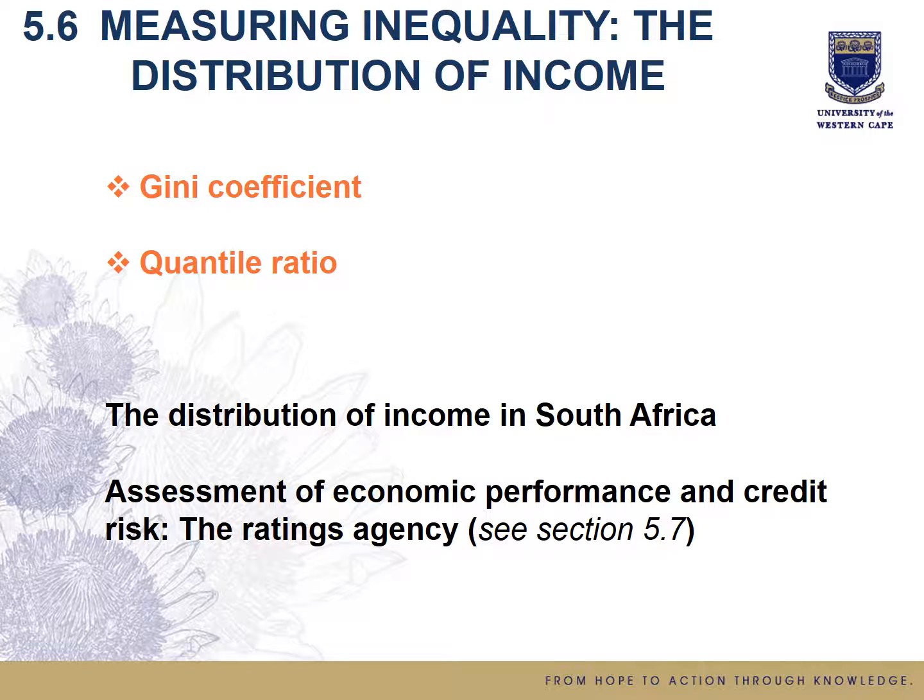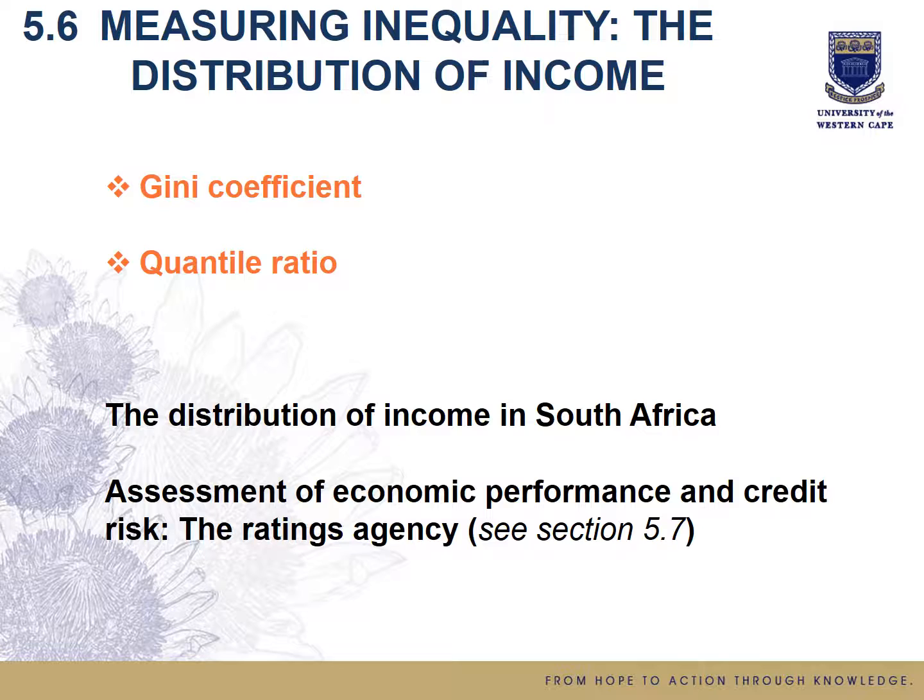In practice, the Gini coefficient usually ranges between 0.3 and 0.7, where 0.3 reflects a relatively equal distribution, whereas a 0.7 coefficient represents a relatively unequal distribution of income.